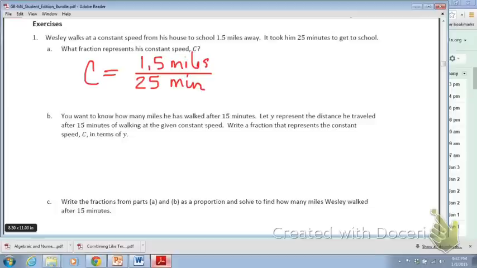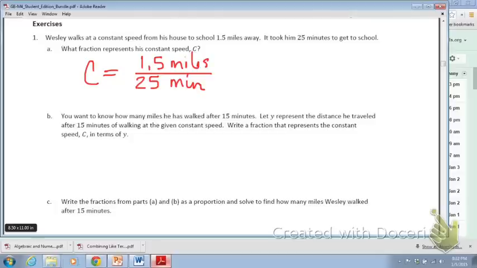This exercise has several parts, but that's because it's walking you through this process. Part B says you want to know how many miles he has walked after 15 minutes. Let y represent the distance he traveled after 15 minutes of walking at the given constant speed.